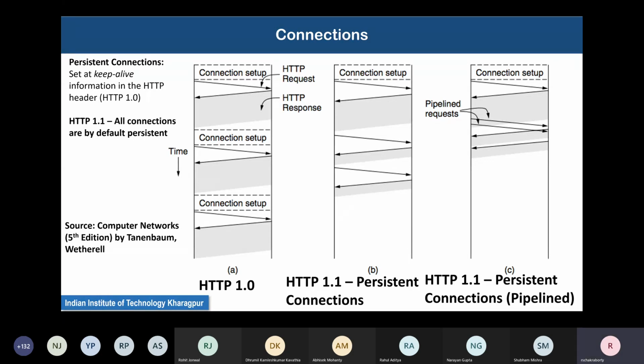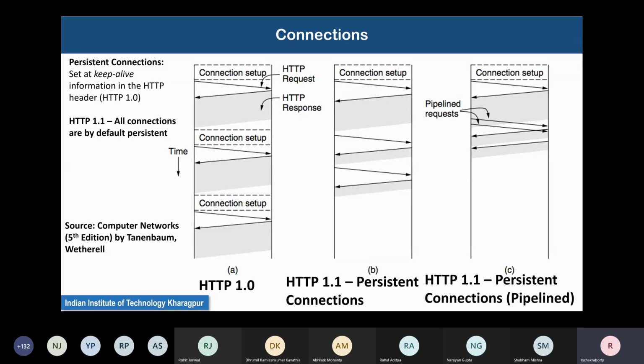It was sitting idle. That will not happen in these pipelined requests. The server will not sit idle. It will work very fast, very busily, and it will finish the entire transaction quite fast compared to the simple persistent connection with no pipelining.